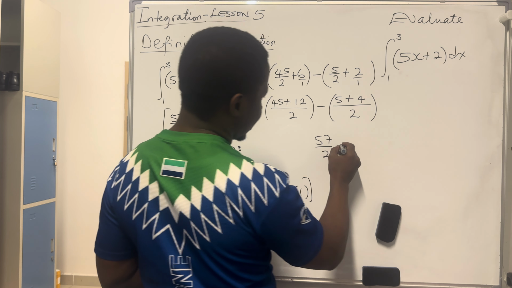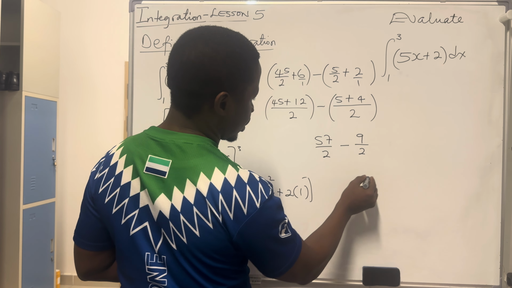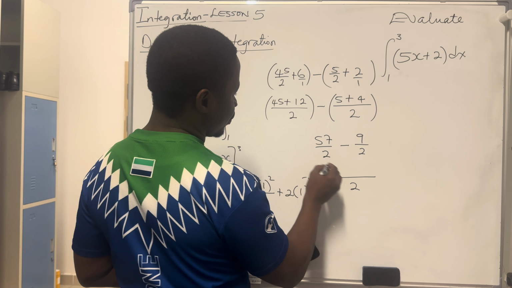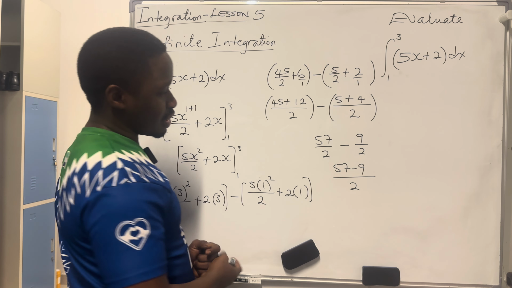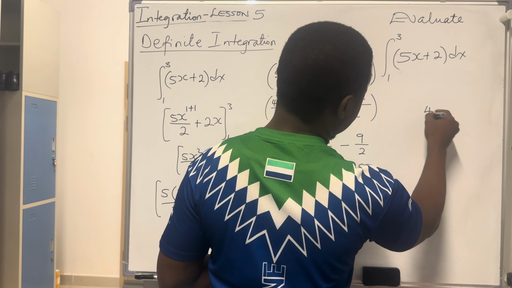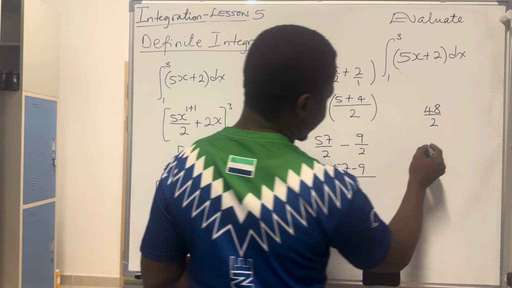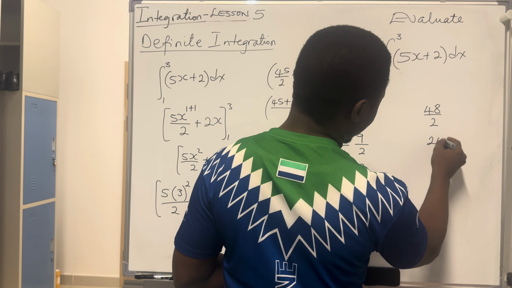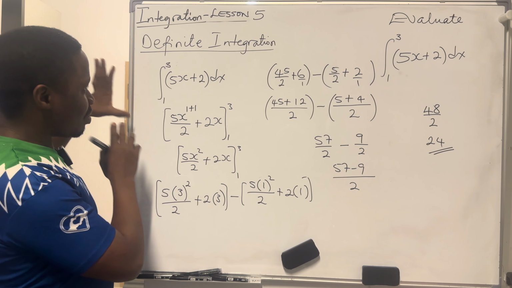Is that clear? Minus 9 over 2. So we have 2, 57 minus 9. 57 minus 9 is 48 over 2. So what is 48 over 2? It is 24. So this is the integral we have with limits.